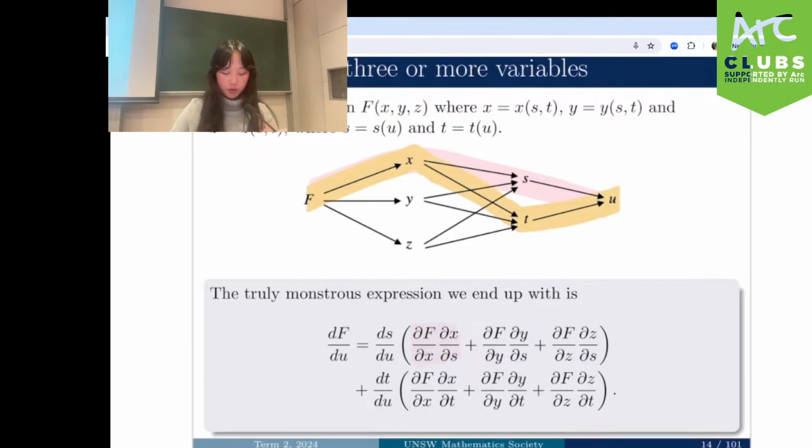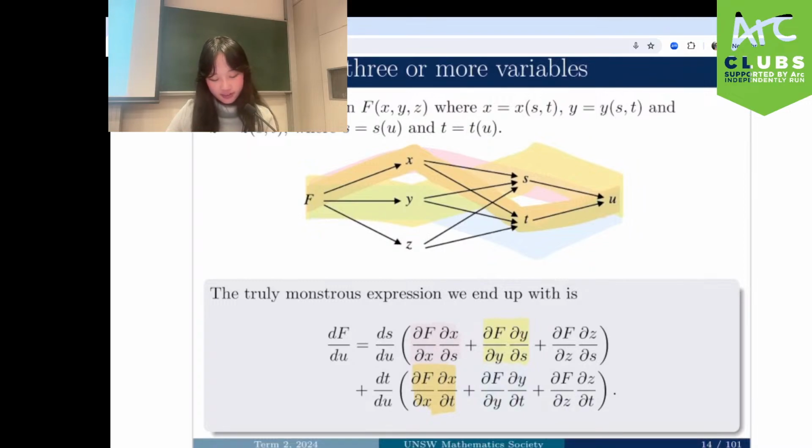And which path is that? That is this path. We've got this path as well, which is which path? It is this path. We've got this path as well, which goes from t to u, so f to y, y to t, then t to u. That would be this one.